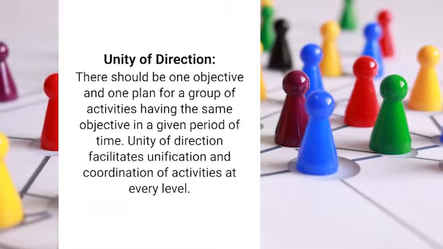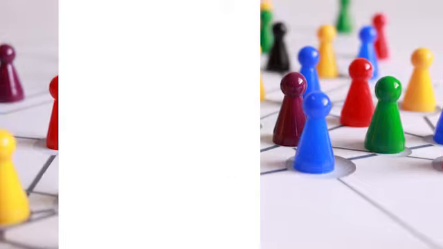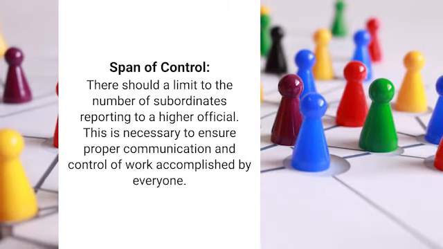Unity of direction. There should be one objective and one plan for a group of activities having the same objective in a given period of time. Unity of direction facilitates unification and coordination of activities at every level. Span of control. There should be a limit to the number of subordinates reporting to a higher official.